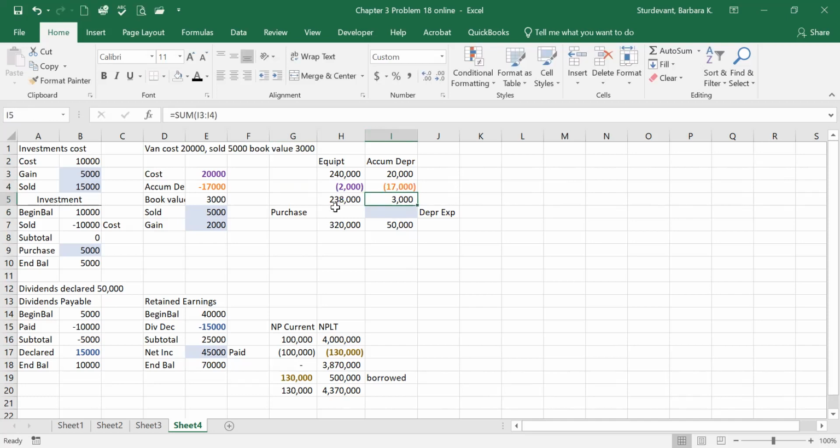So then how much did we purchase? If I get the right number in there, that probably would help. So what did we purchase? How much? $100,000. And what would our depreciation expense be to go from 3 to 50? 47.